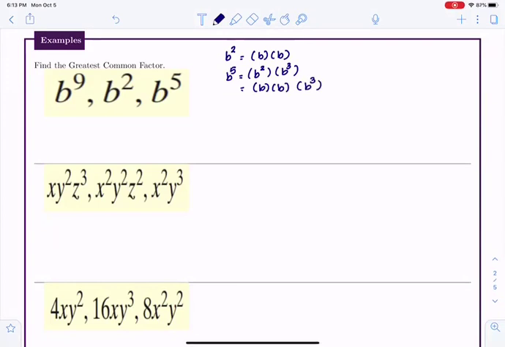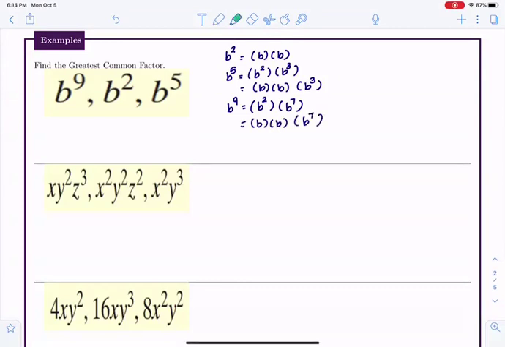The next one is b raised to 9. The first step is to write that b to the 9 in terms of the smallest exponent that we see, which is b squared. So I could write it as b squared times b to the 7, and b squared is simply b times b, multiplied by b to the 7.